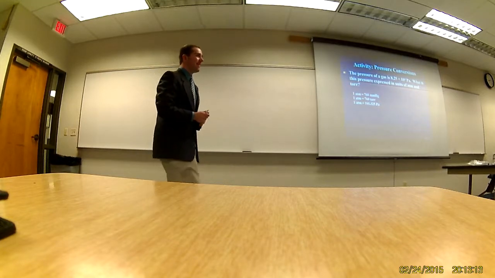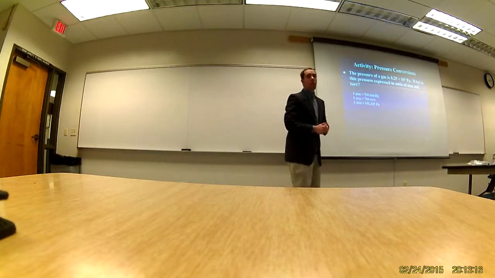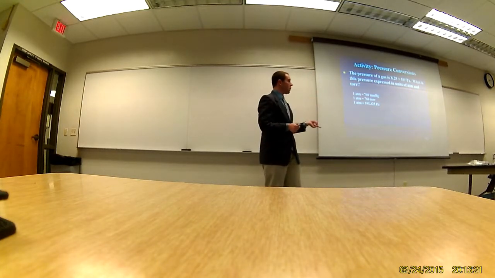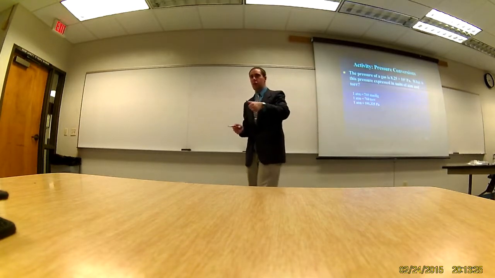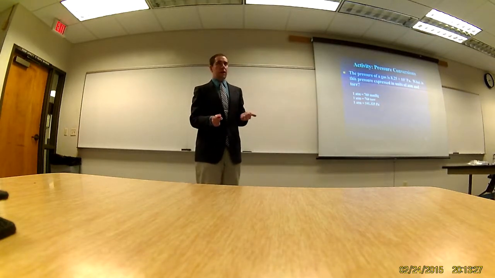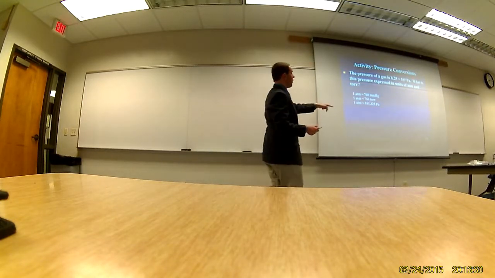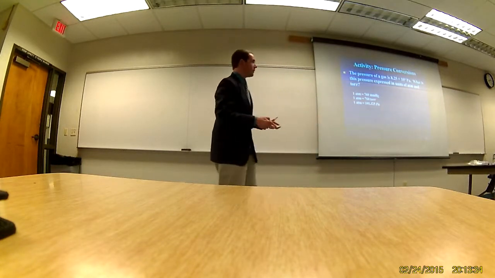What unit are we starting with? Pascals, and we will have to go to atmospheres and torr. Our conversion factors make it very easy to do one of them. Which one is that? Atmospheres. To get to torr, we're going to have to go through atmospheres. So might as well do atmospheres first.